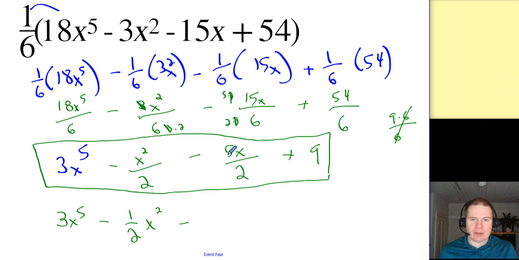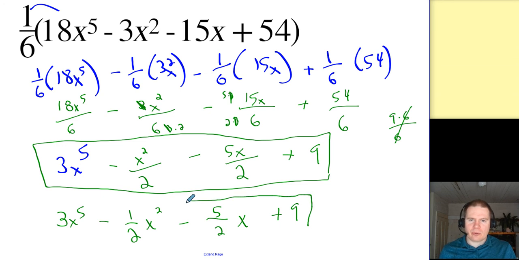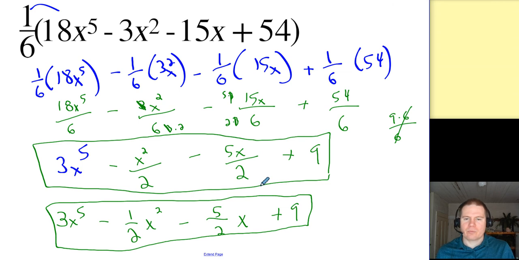So times a half and times 5, that's the same as times 5 halves. Right? I'm just taking that denominator and sliding out front as the denominator of the coefficient. And that is much more preferred when it's possible. I believe your online system will accept either of these as simplified answers, but this is the one usually preferred.